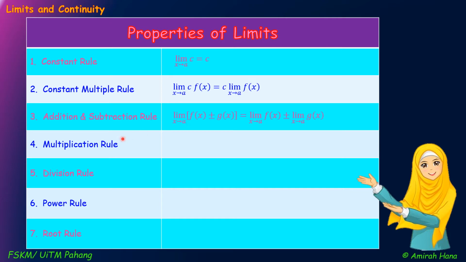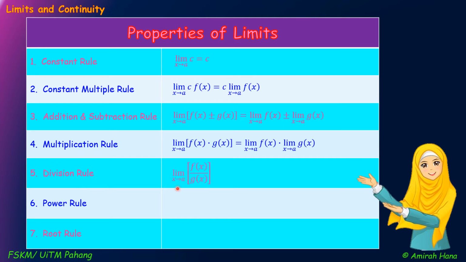Property number 4 is the multiplication rule. If we have the limit as x approaches a of f(x) times g(x), we can write the limit of f(x) times the limit of g(x). We separate the multiplication of limits. Property number 5 is the division rule.